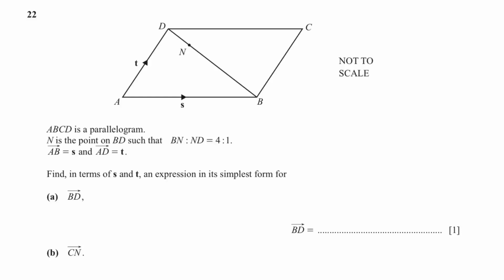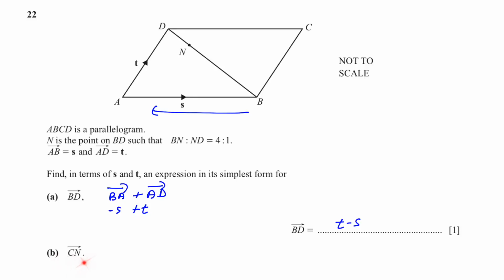So for BD, you will start from BA plus AD. BA is negative S. As we are going in this direction, the arrow is changing, so the sign will change, plus T. Or we can write it as T minus S.